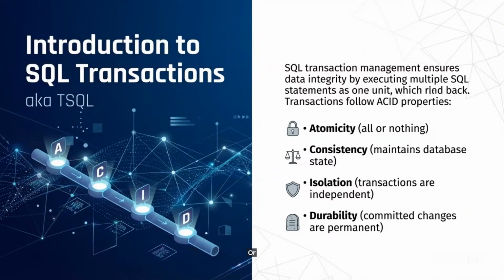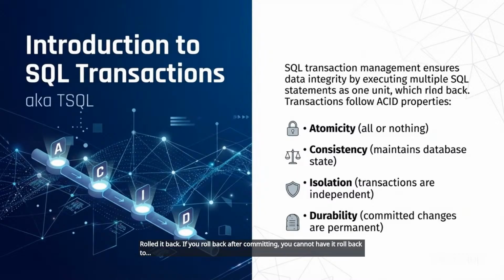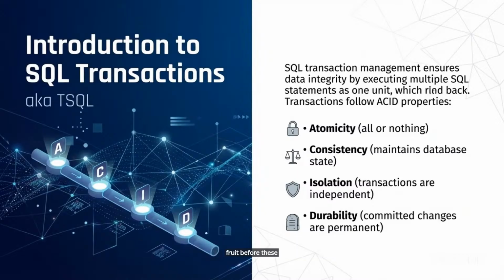Or you can say commit, meaning that as long as all of them run, you want your database to be committed with the change so that rollback cannot roll it back. If you roll back after committing, you cannot have it roll back to before these changes happen, right?